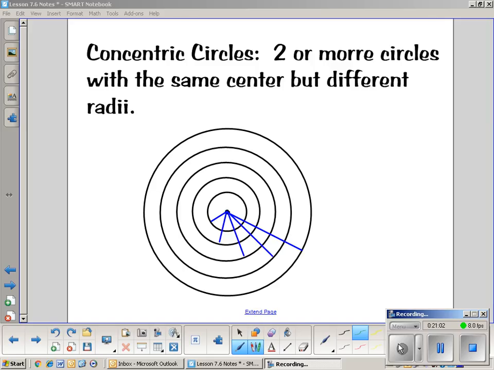Are there concentric circles on a tire? Yeah, usually, right? The rim, the outside of the tire, quite often inside there's another circle, the hubcap. Okay? Lots of different places we see concentric circles. And the key is that they all have the same center but different radii.